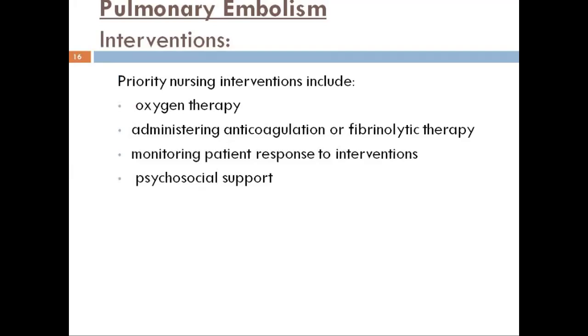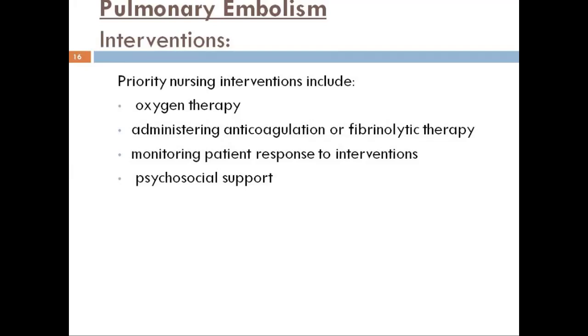So we need to prioritize the nursing interventions here. And this includes one, oxygen therapy, administering anticoagulants or fibrinolytic therapy. We want to break down the fibrin involved in blood clots, right?